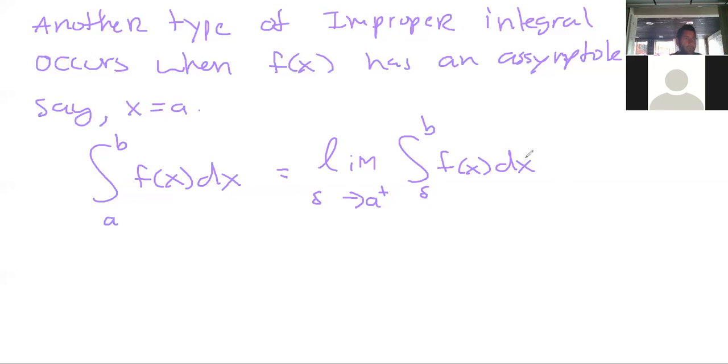So again, what we're doing is we're assigning meaning to something. This notation that I have written on the left-hand side, by the definition of the integral, is meaningless, because I can't even write out the Riemann sum. However, if I define it to mean this, then it does make sense.